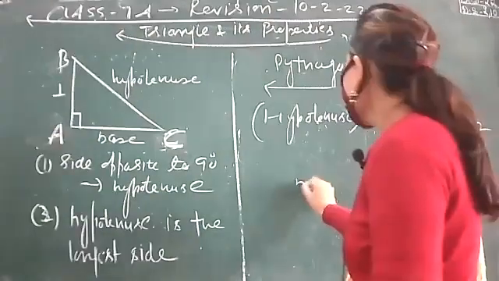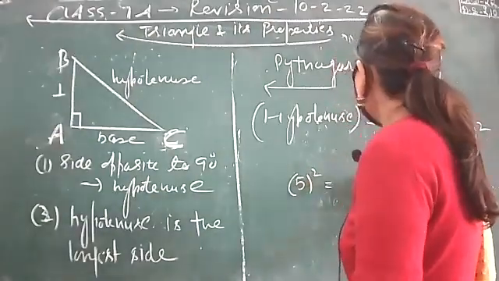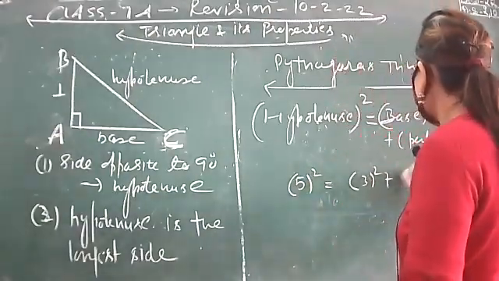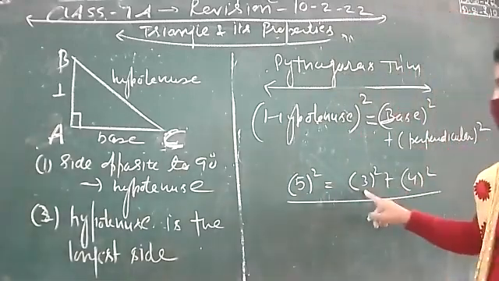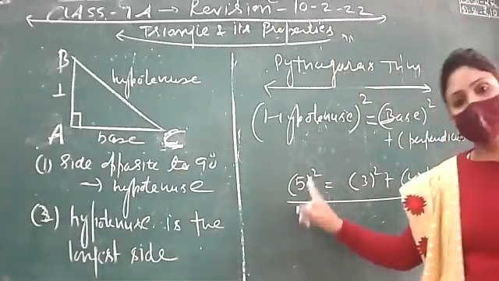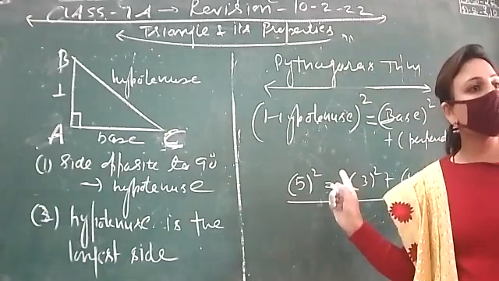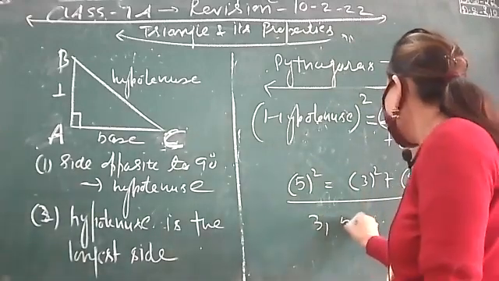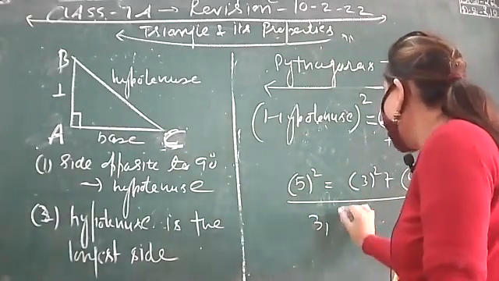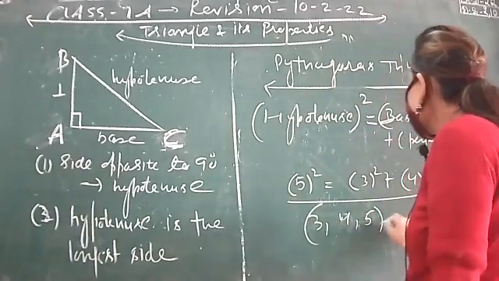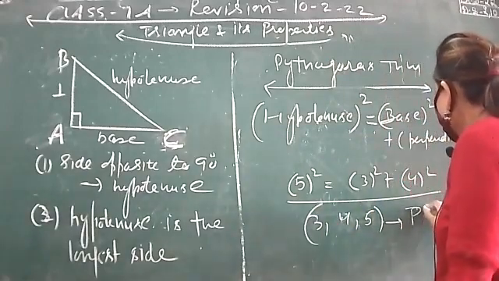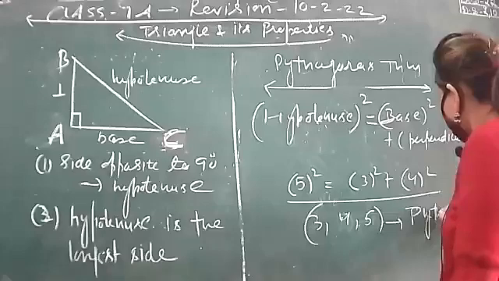For example, if I am taking square of 5 and 3 and 4 squares sum, they will be equal. 9 plus 16, 25, 5 square, 25. They both will be equal. That means this triplet 3, 5, 4 या 3, 4, 5 serial order में लिखें, this is called Pythagorean triplet.